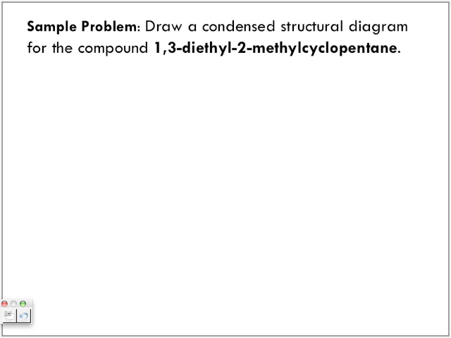Next sample problem. Draw a condensed structural diagram for the compound 1,3-diethyl-2-methyl cyclopentane. So now, be really careful. It's a condensed diagram, so the condensed part I accept is in the branched side chains.